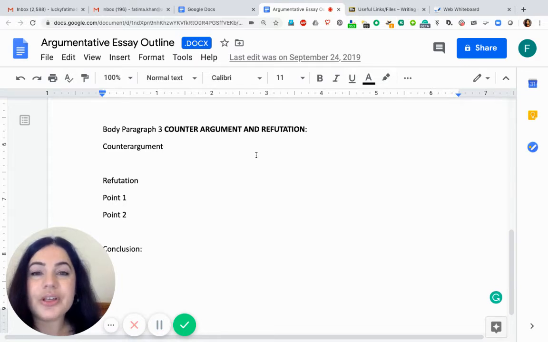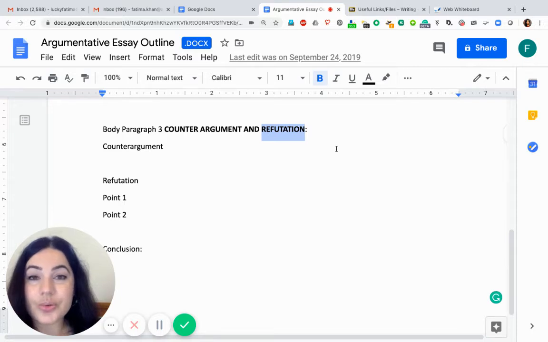And remember, you need about 8 to 10 sentences in your body paragraph. So what about the other 6 or 7 sentences? Well, the second part of your third body paragraph will be what's called the refutation. The refutation argues against the counter-argument.